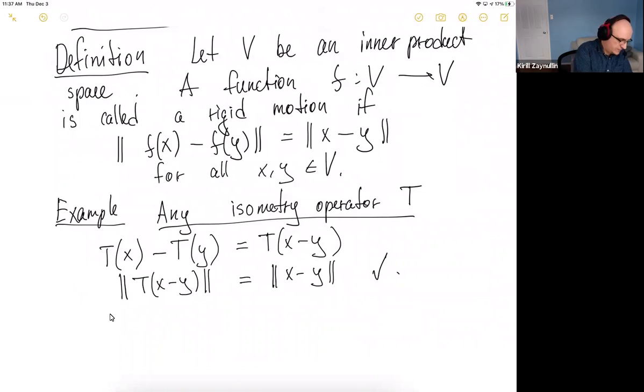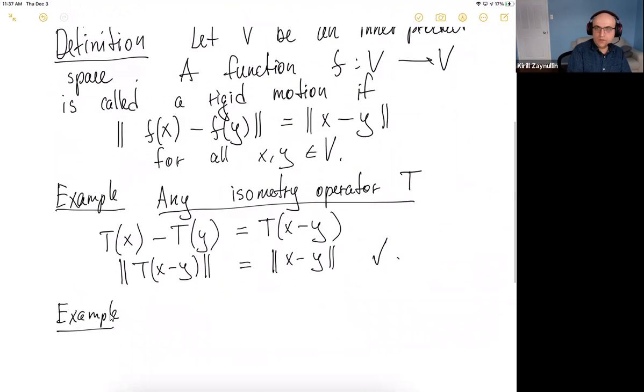Okay, so another example. Well, let's look at different functions.